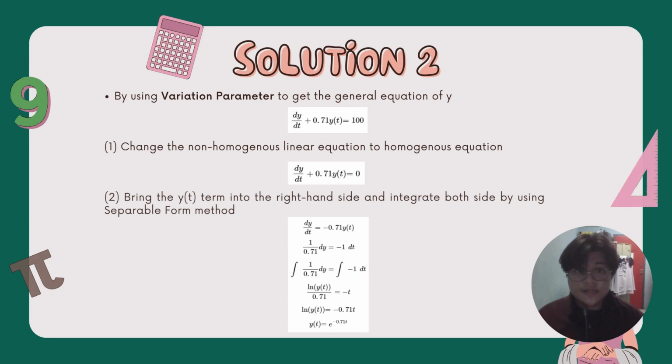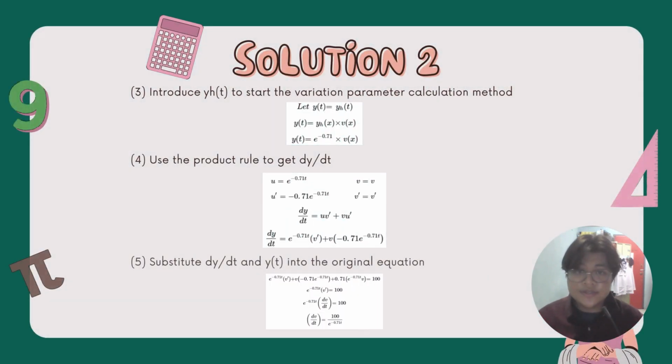By using the variation of parameters to get the general equation of y, dy over dt plus 0.71 y(t) equal to 100. Once we change the non-homogeneous linear equation to a homogeneous equation, dy over dt plus 0.71 y(t) equal to 0. The second step is to bring the y(t) term into the right hand side and integrate both sides by using the separable form method, and we will get y(t) equal to exponential negative 0.71t.